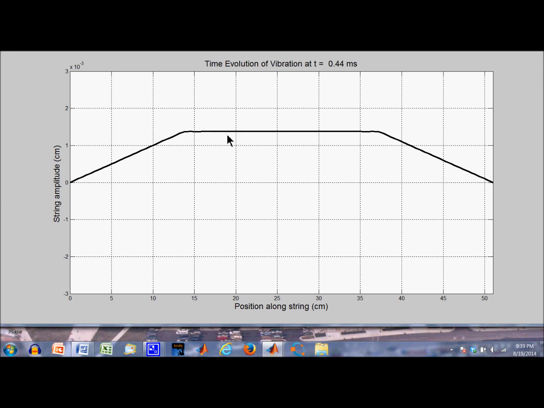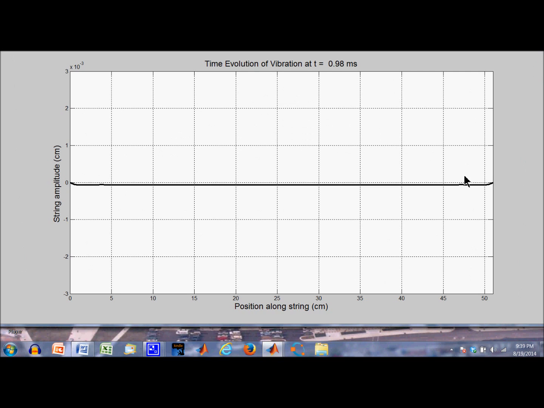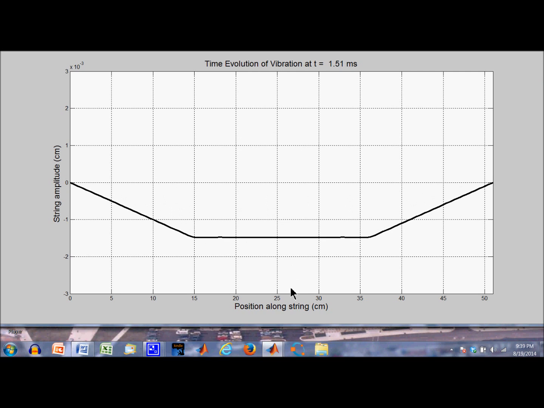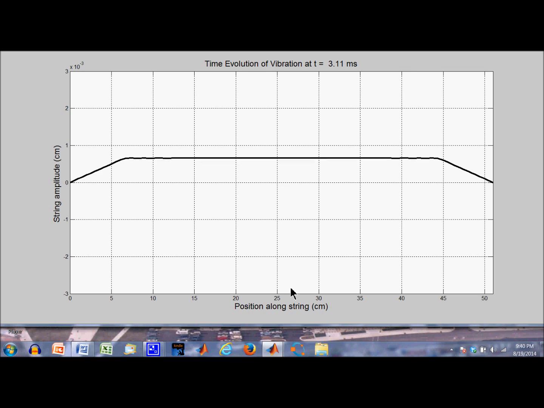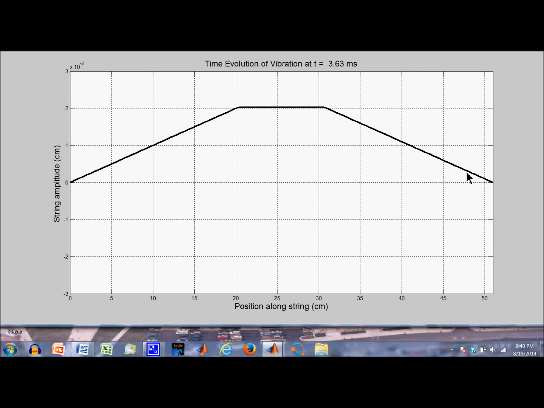It comes down. The two peaks spread to the left and the right, come down and repeat, and it gets inverted, comes back. You might notice that over here the slope is negative, it's pulling up on the bridge.